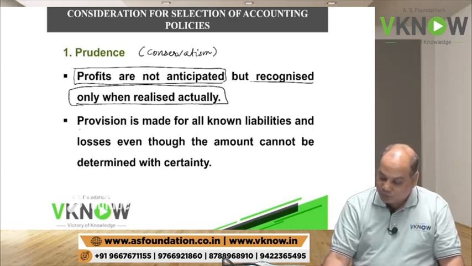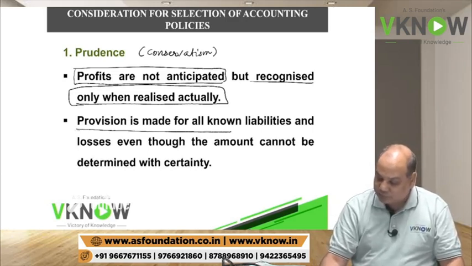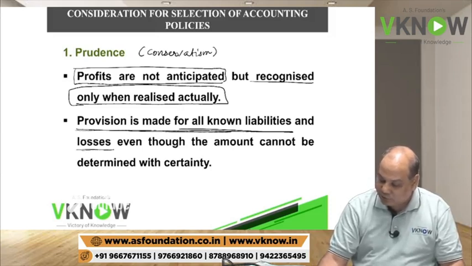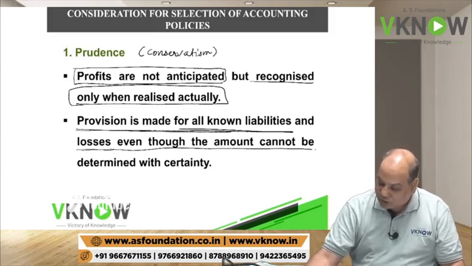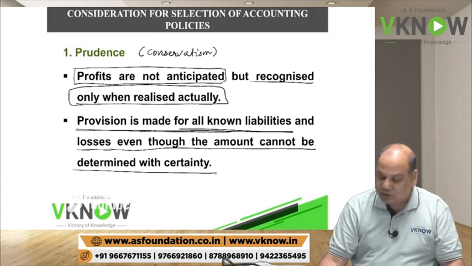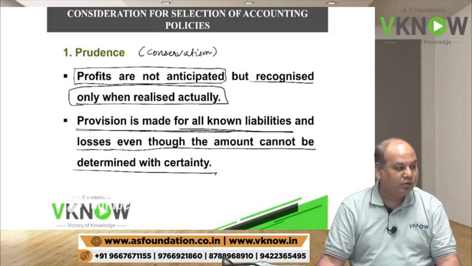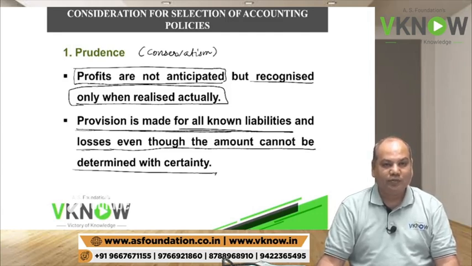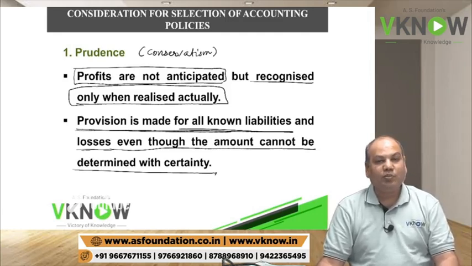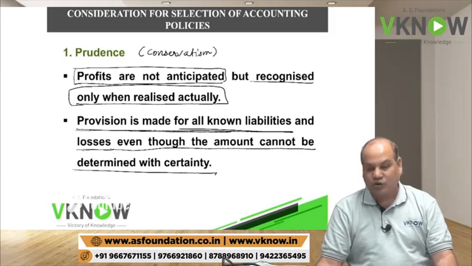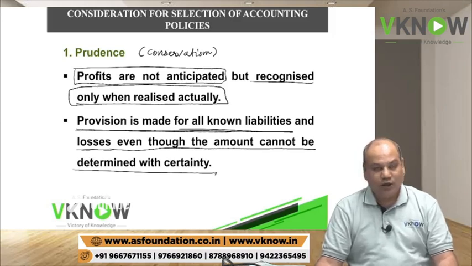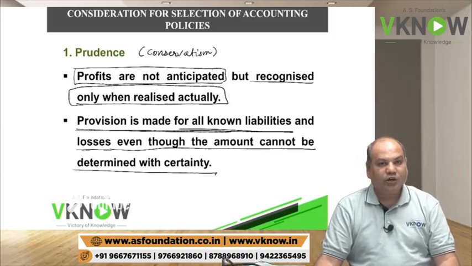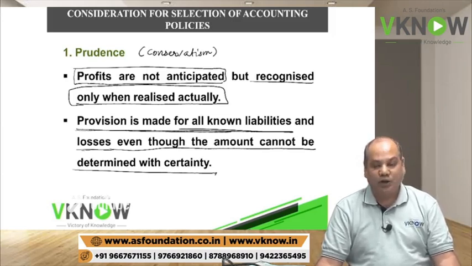However, provision is made for all known liabilities and losses, even though they cannot be determined with certainty. This is a very good line. It says anticipated gain should not be recognized, but provision should be made for known losses, anticipated losses, even if we cannot calculate the amount with certainty.